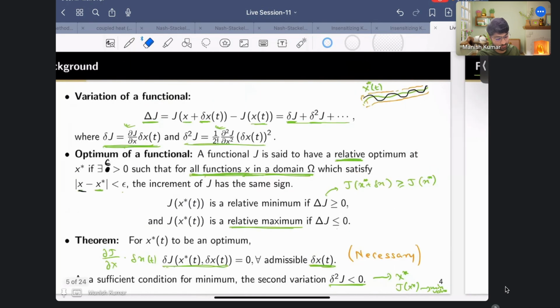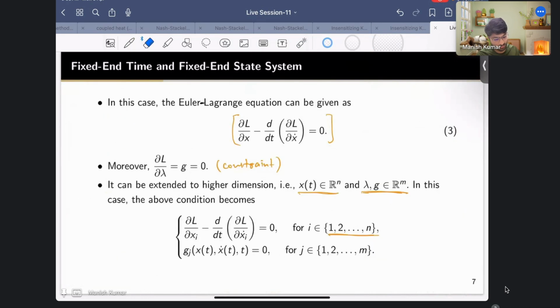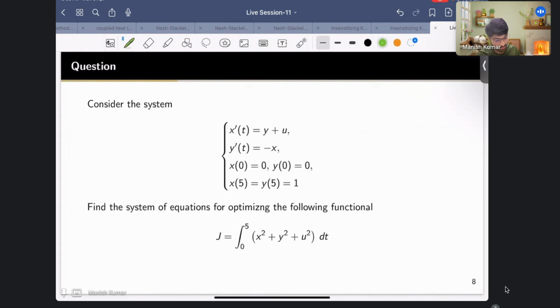This is the extra term we are adding. Now we don't want just the control to have the minimum L2 norm. We want the whole integral of x squared plus y squared plus u squared to have the minimum value. So we are considering the states as well in the functional.